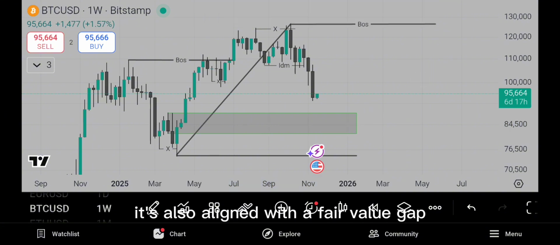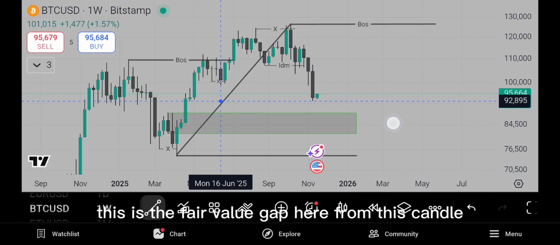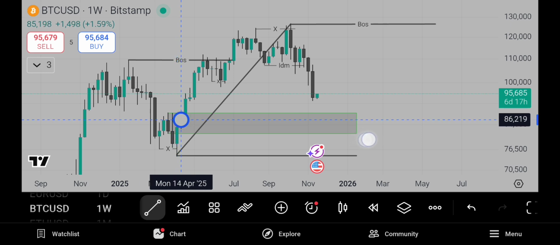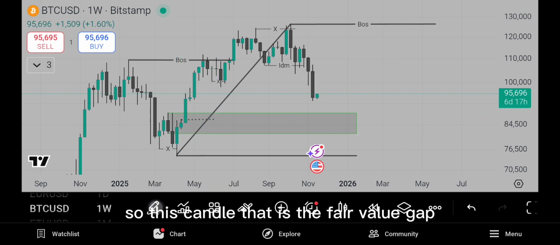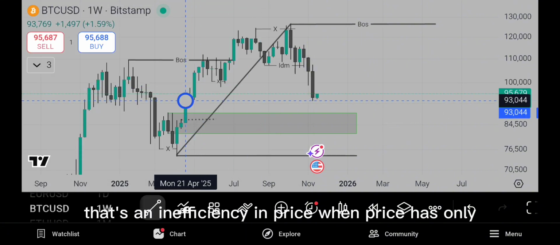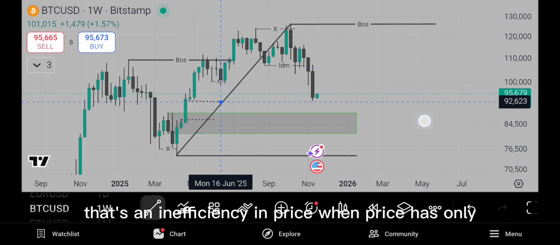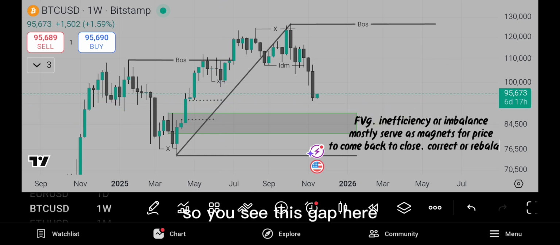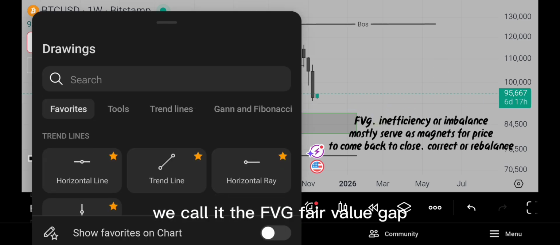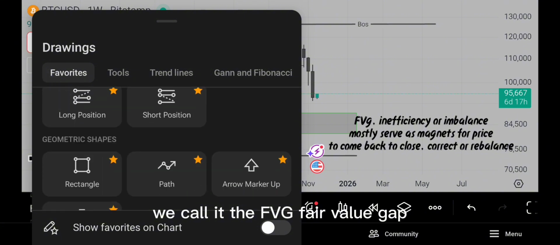Look again, it's also aligned with a fair value gap. This is the fair value gap here from this candle. Make it a dotted line. So this candle, that is the fair value gap. That's an inefficiency in price, when there are only buyers in this place that make price push like this. So you see this gap here, we call it the FVG, fair value gap.